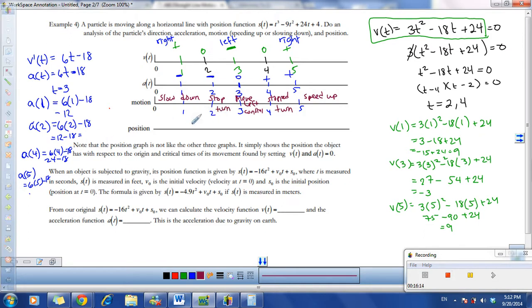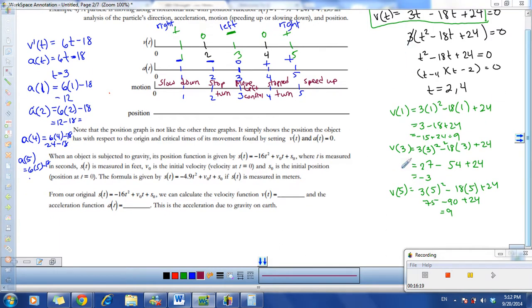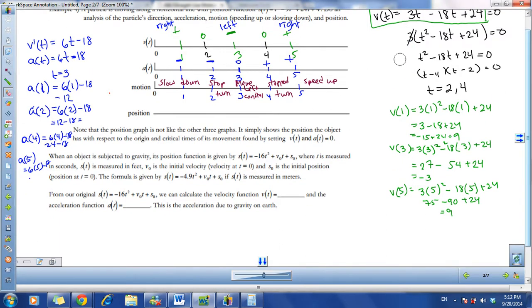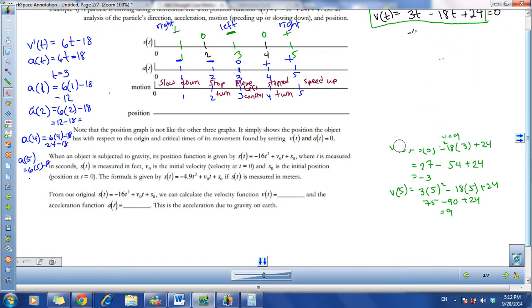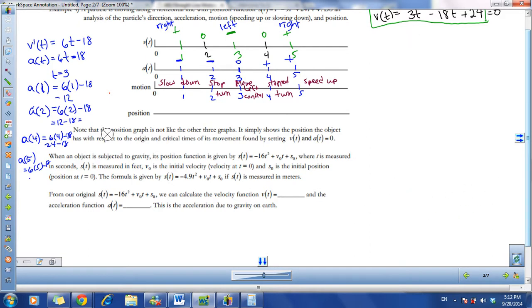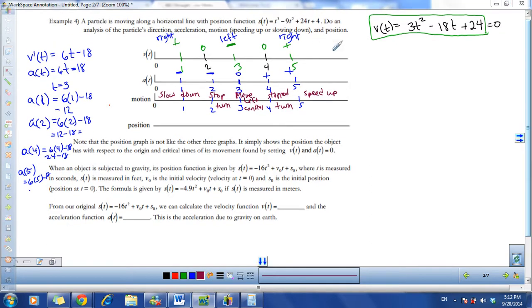Okay, now I want to find out my position. Hopefully you guys copy down all this work because now I'm going to erase it. I need room to find out my position at all these critical points in time. My position function, at s of 0, equals 4.